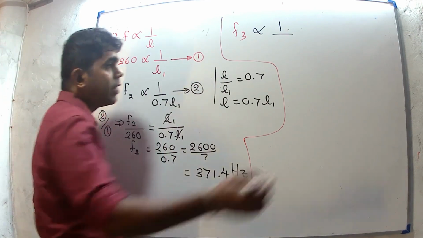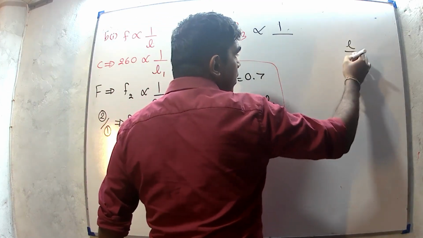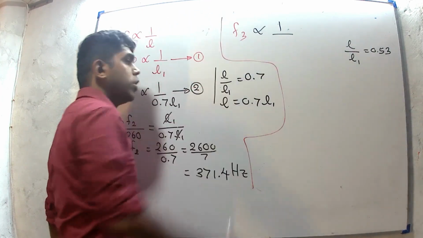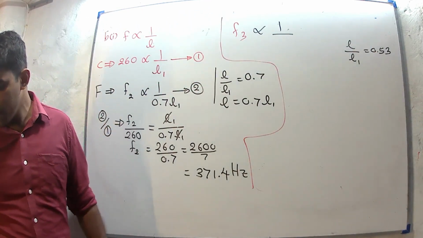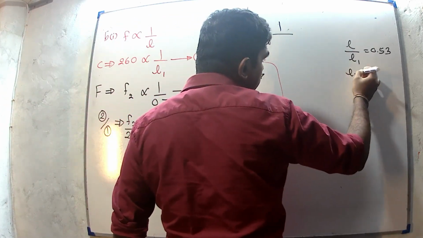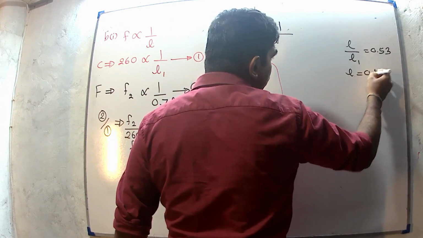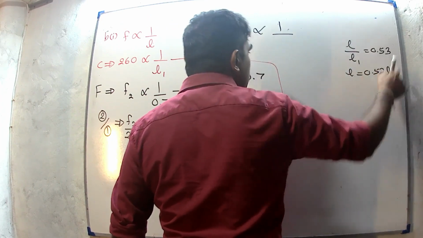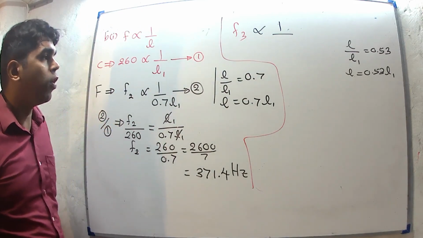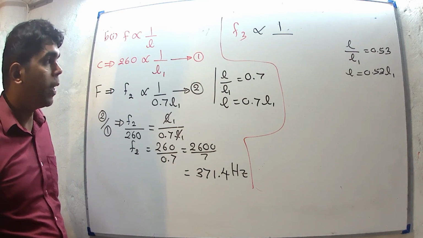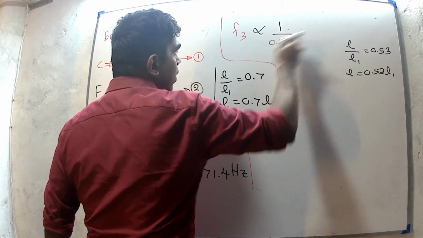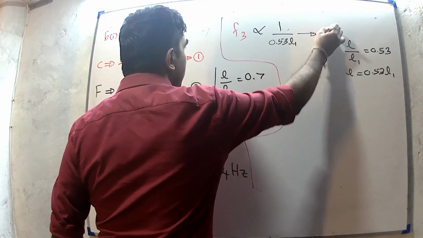They have given that L divided by L1 is 0.53 for node B. Then L is 0.53 L1. This is the corresponding resonance length for node B. Then we can substitute 0.53 L1. It is the third equation.